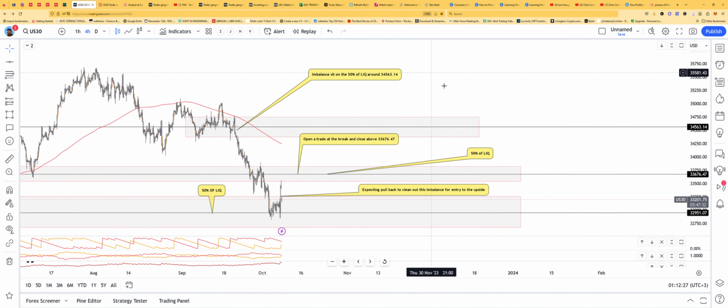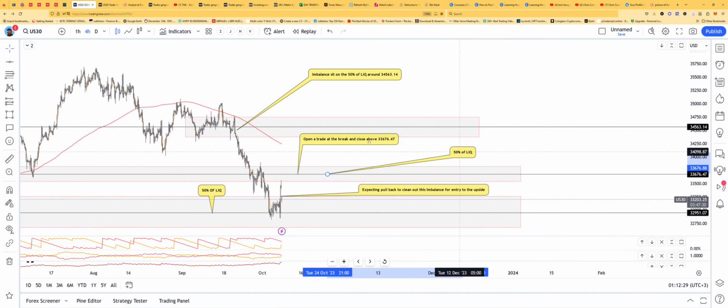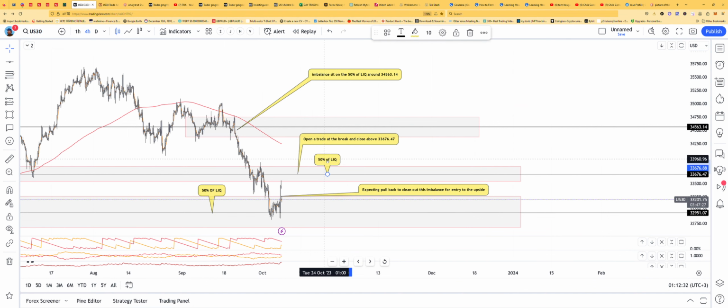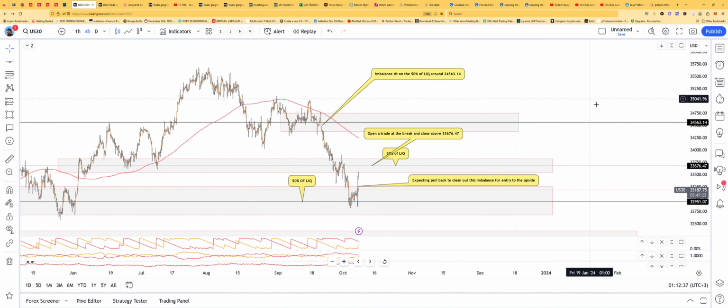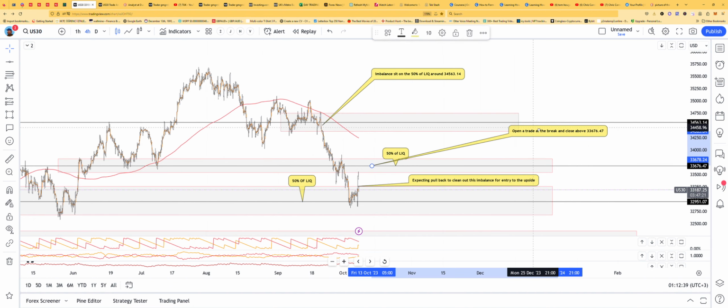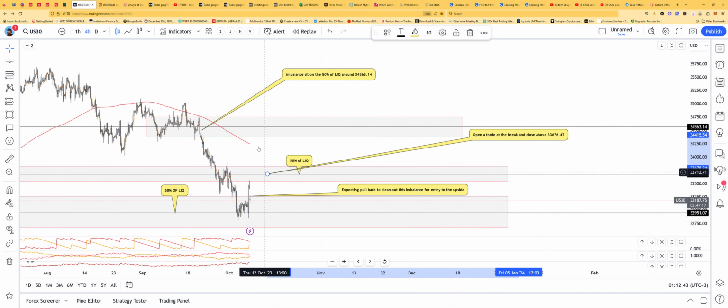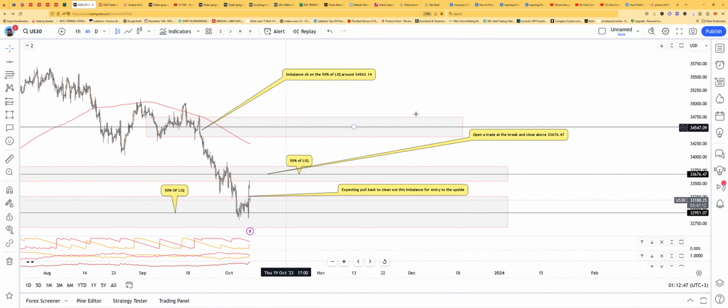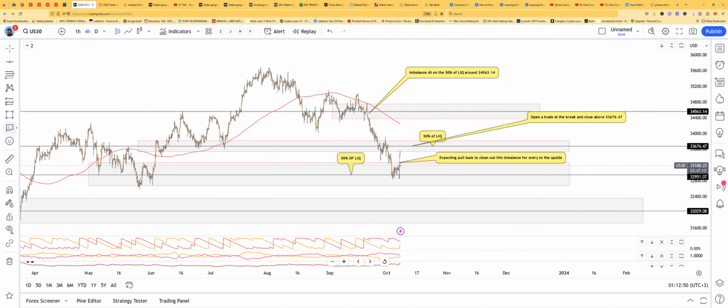Give me a minute. Alright, so I'm going to open a trade. Once we break and close above this area, I'm going to open a buy position, and I'm going to open a sell position once we break and close below this area.